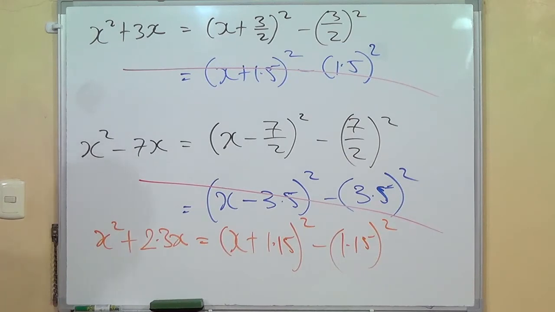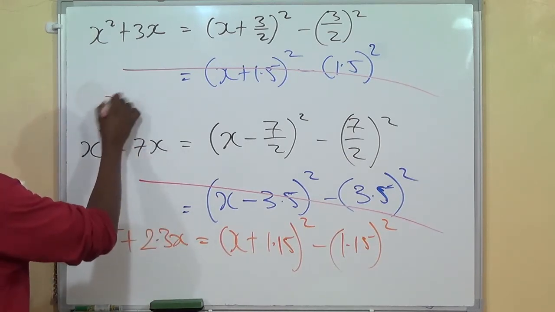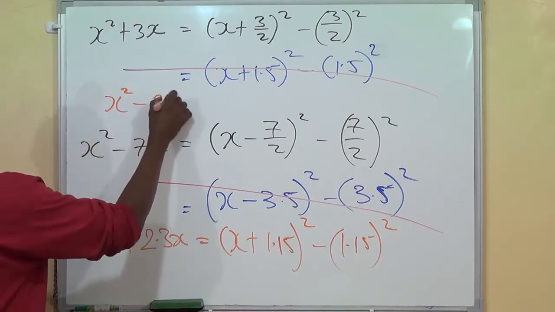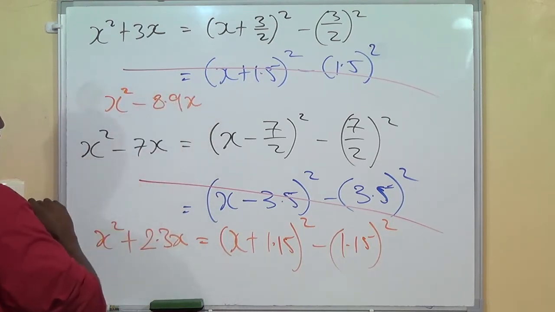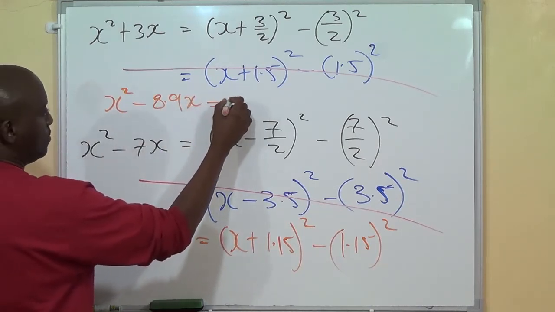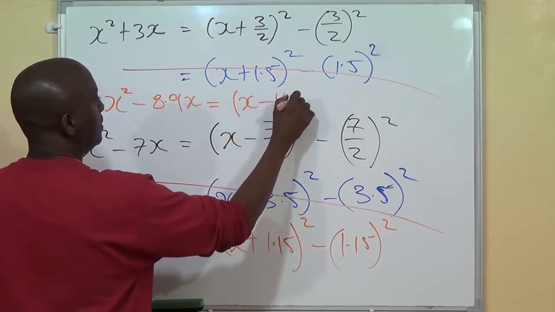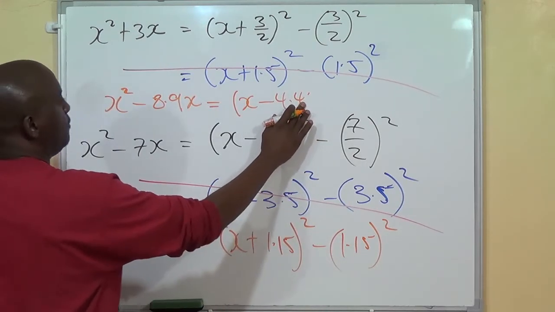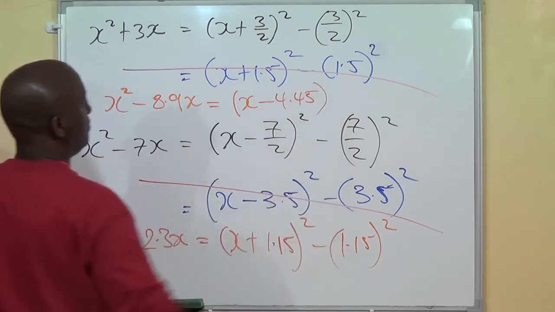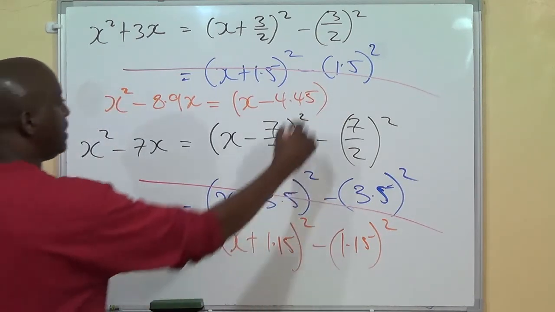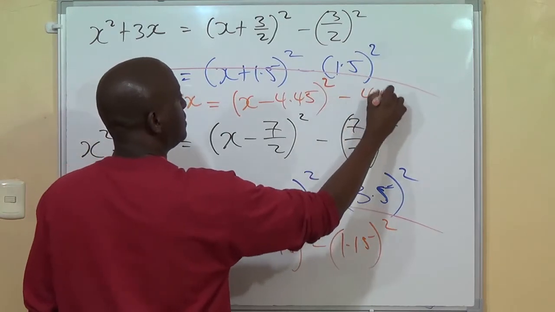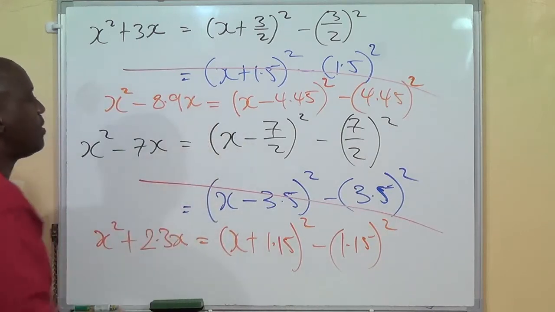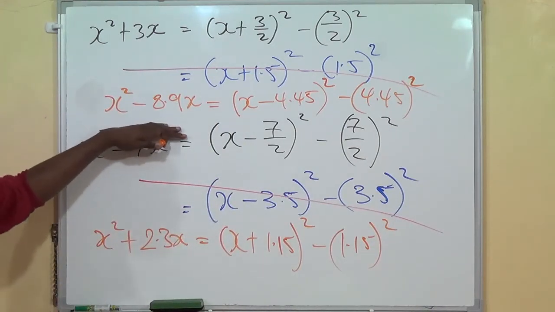And by the same token, I can say that x squared minus, let us say, 8.9x, I could write that as (x minus 4.45) squared minus (4.45) squared, since half of 8.9 is 4.45. I could do that because the question starts out with decimals from the outset.